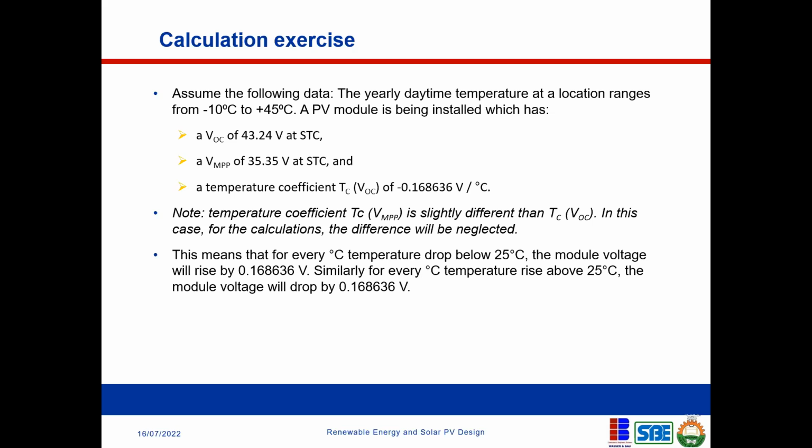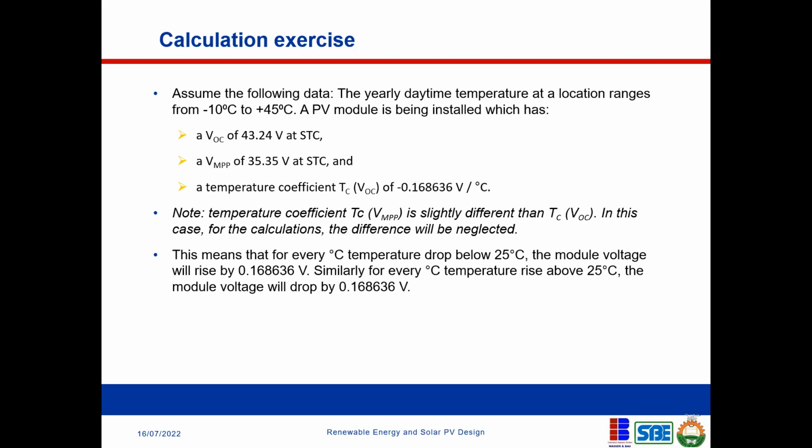A PV module is being installed, which has the following characteristics. You have the VOC, that is open circuit voltage, at 43.24 at standard test condition. Then the maximum power point voltage is 35.35, still at STC. A temperature coefficient of minus 0.168636 volt per degree centigrade.